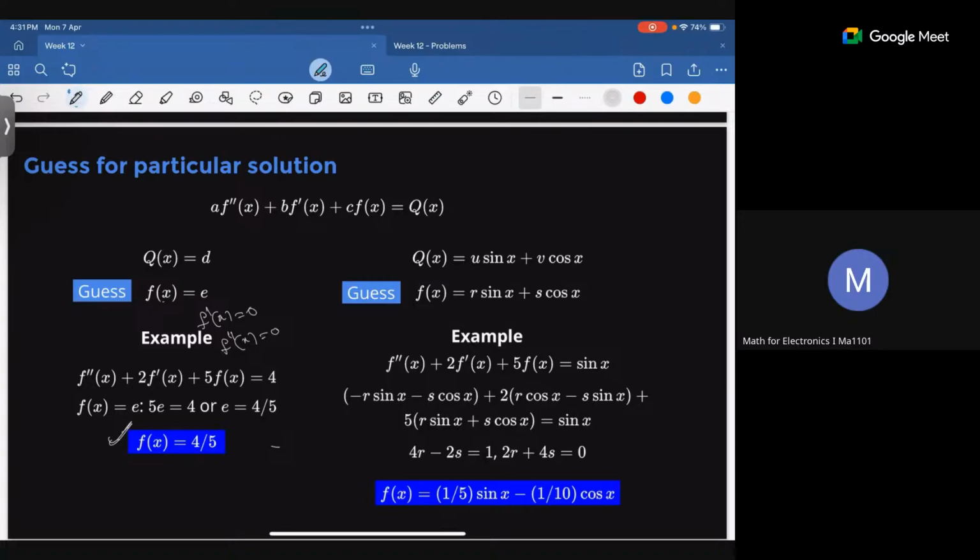So our solution will be 4 by 5. This is the particular solution. The general solution will be 4 by 5 plus h of x, where h of x is the homogeneous solution. And just now we discussed how to find the homogeneous solution.